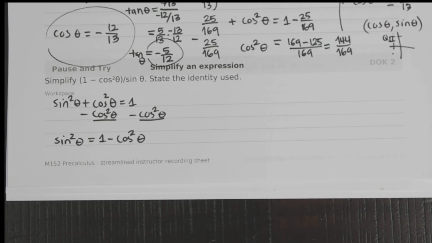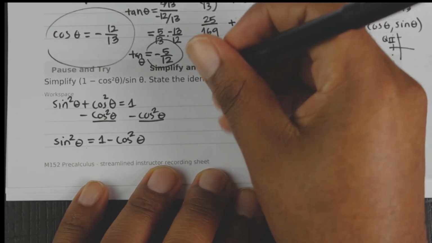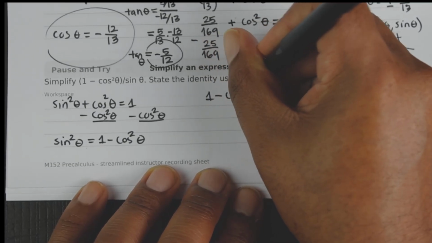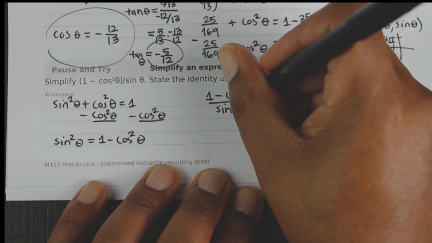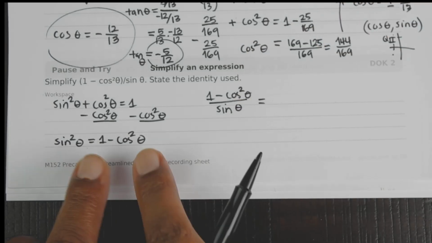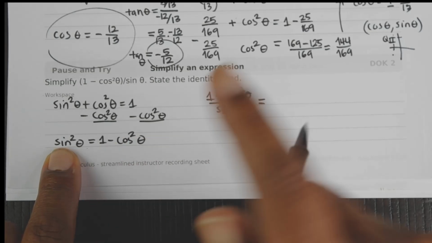Okay. Now, what we can do from here is replace the numerator with this, right? So the numerator, so we have 1 minus cosine squared theta divided by sine theta. We can simply replace this expression with this because this is equal to that over here, right?